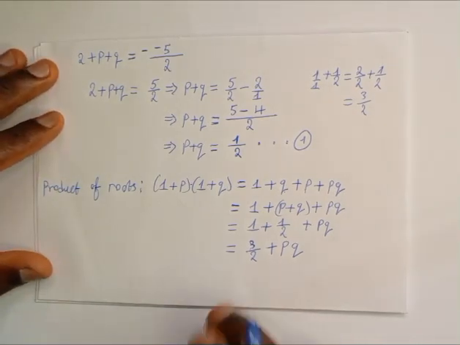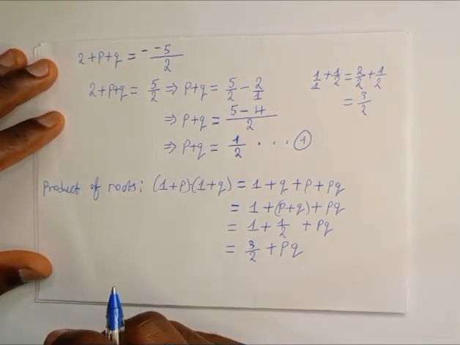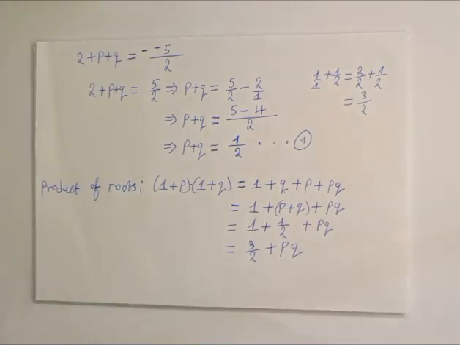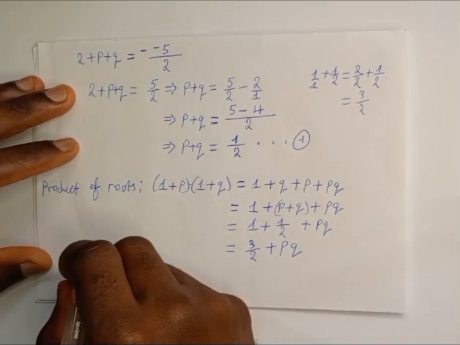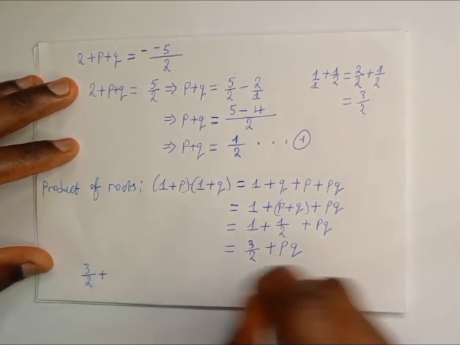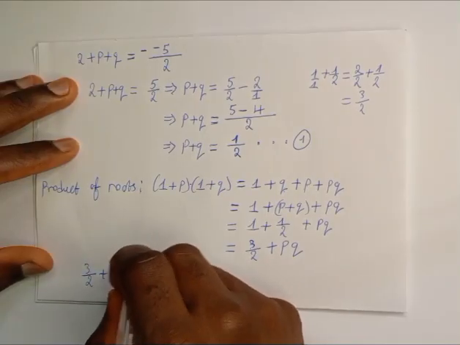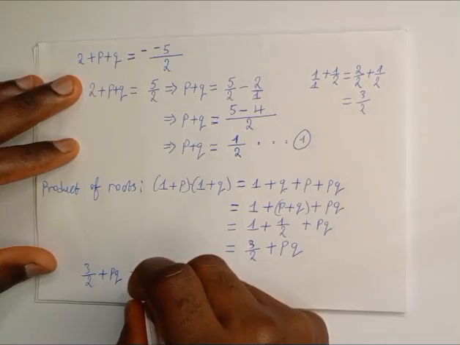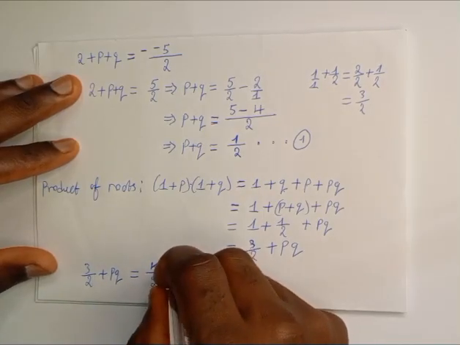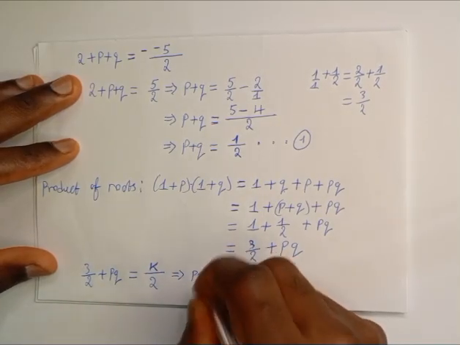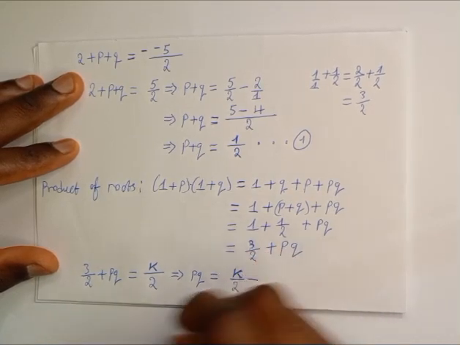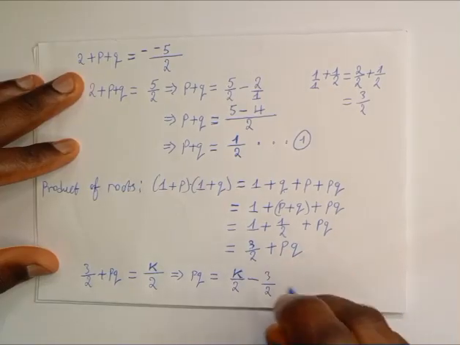We know the product of roots of the quadratic equation is equal to c over a. We are going to divide c by a. Then 3 over 2 plus p times q is equal to c, and c is equal to k divided by a, which is 2. Then p times q will be equal to k over 2 minus 3 over 2.